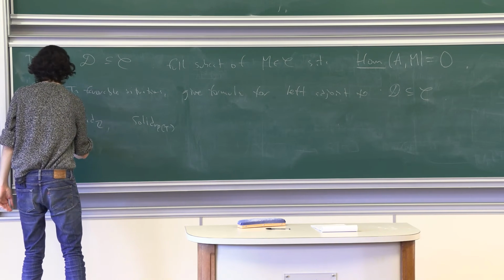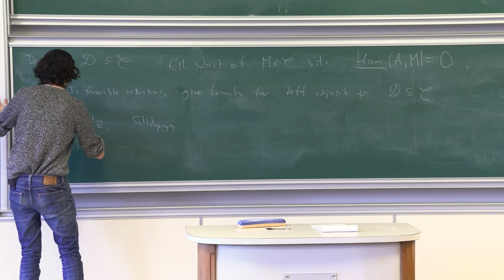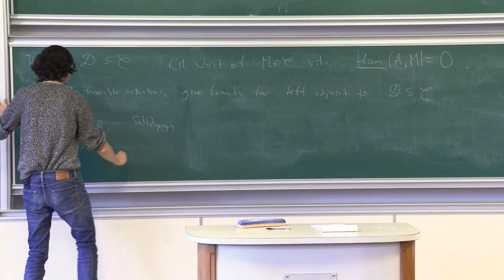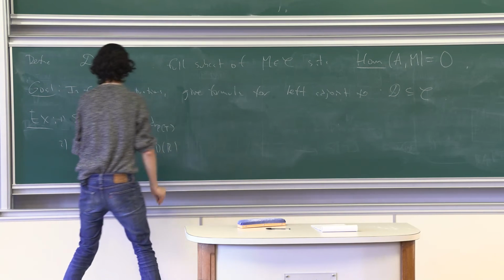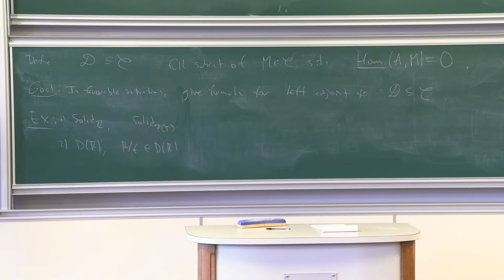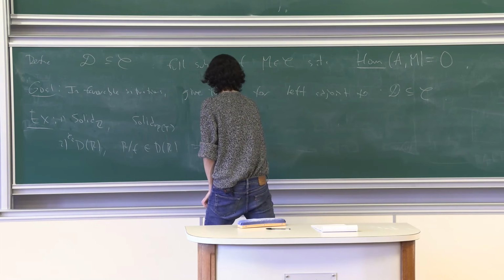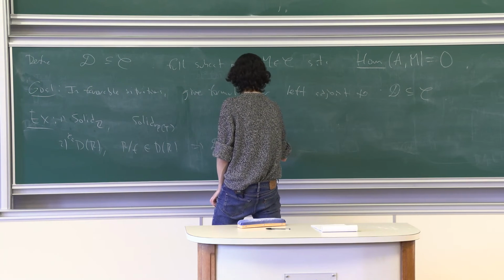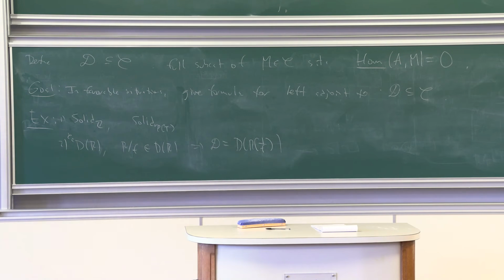There's also kind of pure algebra examples. So for example, if you're in the usual derived category D of R, and then you look at R mod F, so that's C equals D of R. Then what is D? Well, D is D of R[1/F]. So it's kind of inverting F in some algebraic sense.